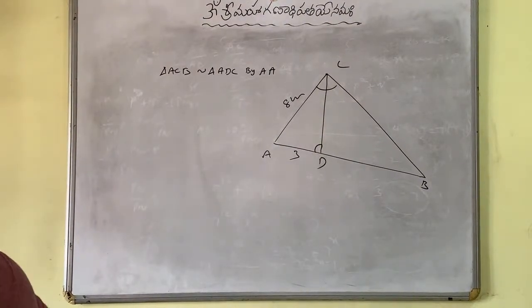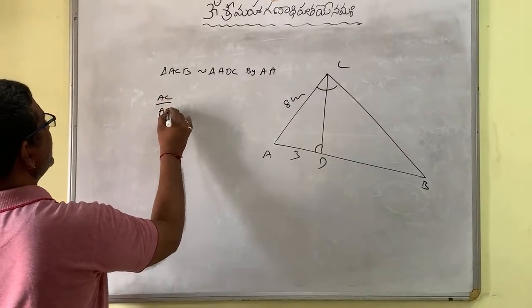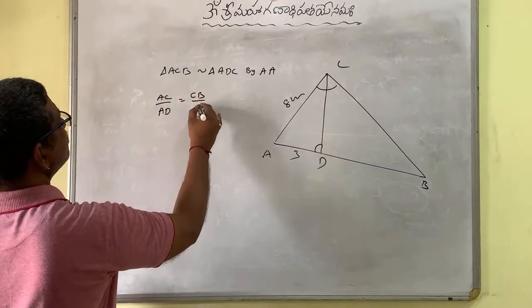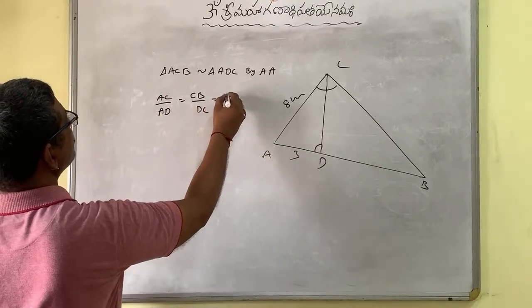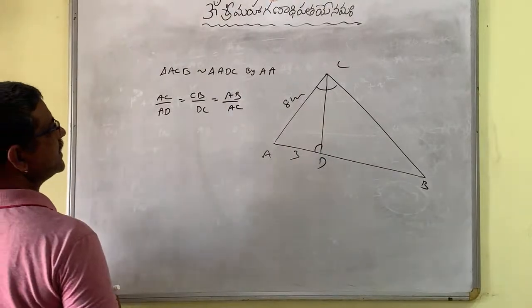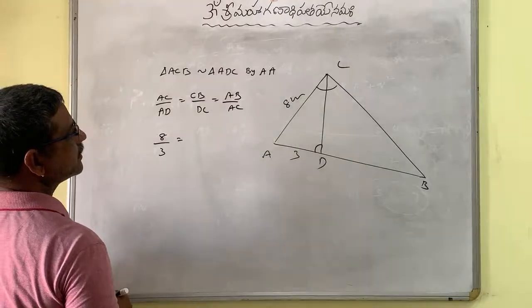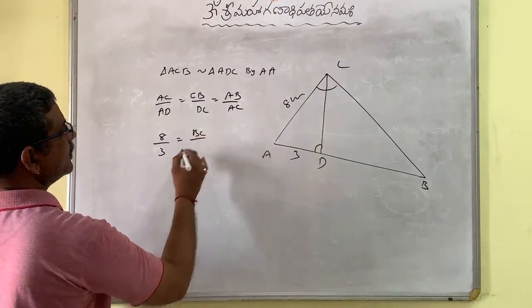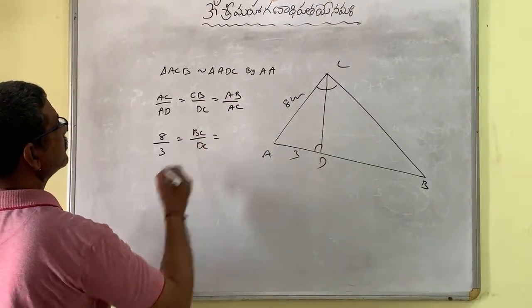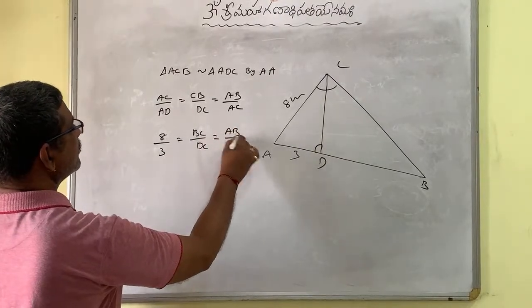Now write the ratios. AC by AD, CB by DC, AB by AC. Substitute the values: AC, AD, BC we don't know, DC, AB, AC.